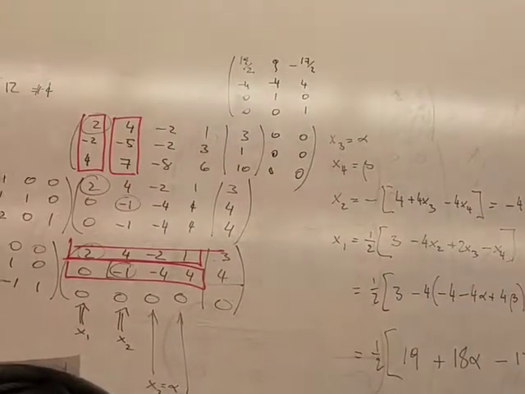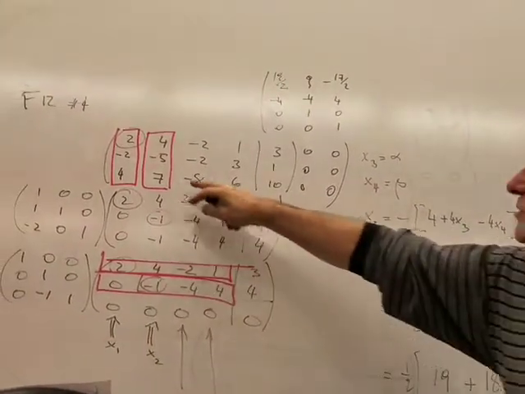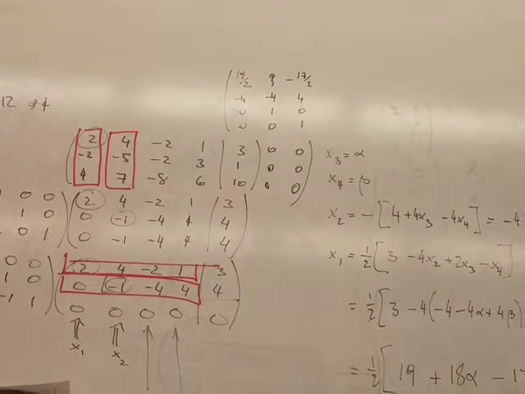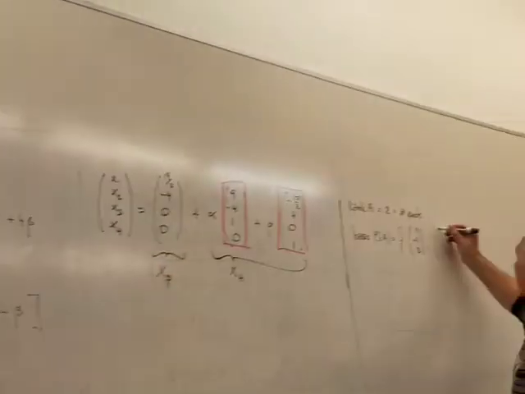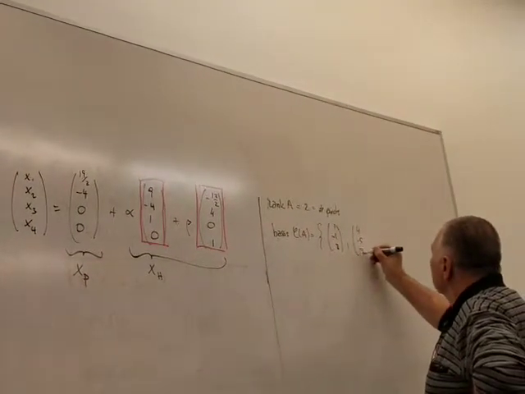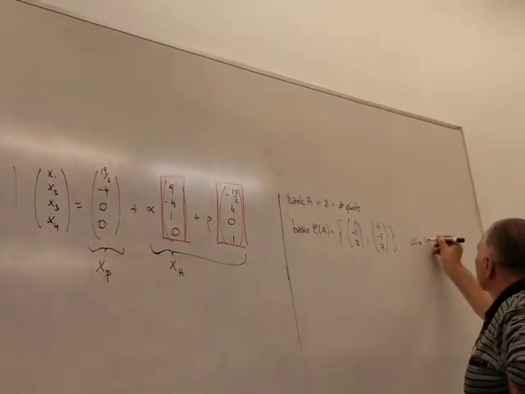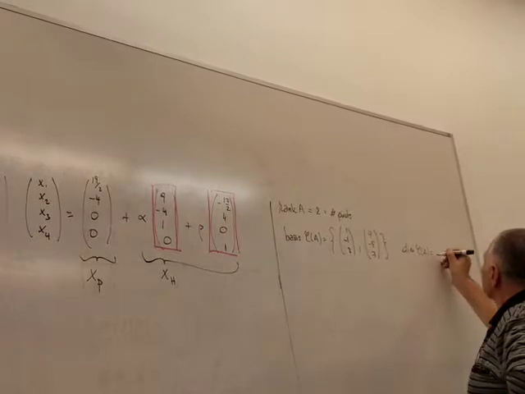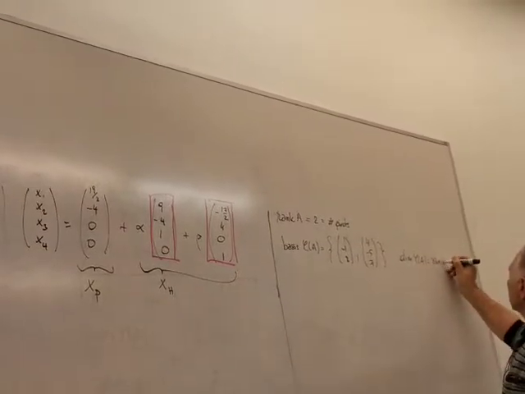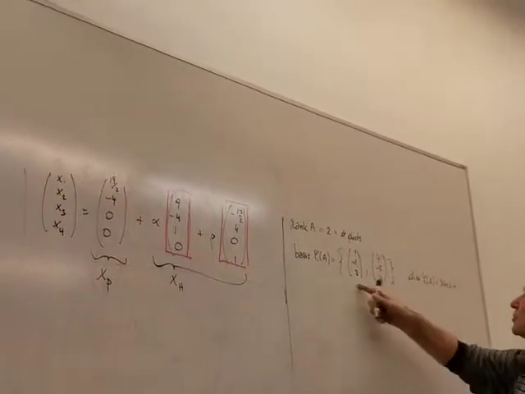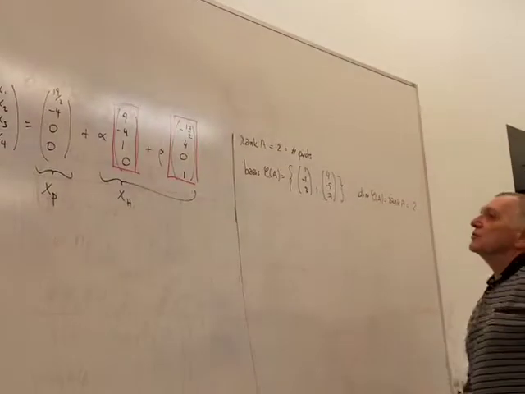Right? It's still the same coordinate axis. This one over here, 4, minus 5, 7. And the dimension of the column space of A is equal to the rank of A, the number of pivots, is equal to the number of vectors in here, is 2.